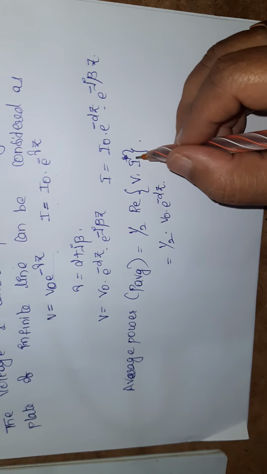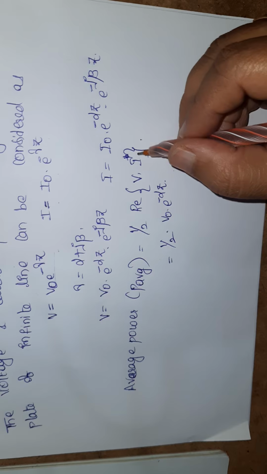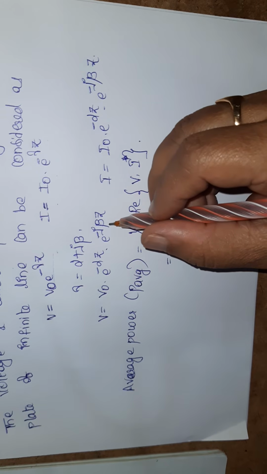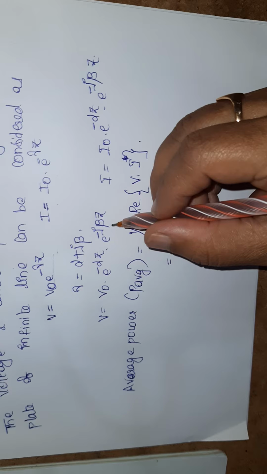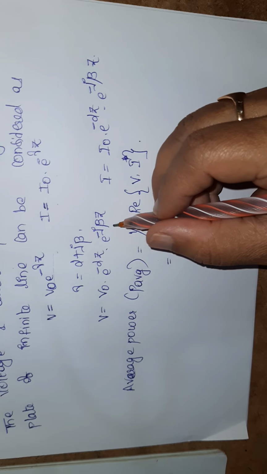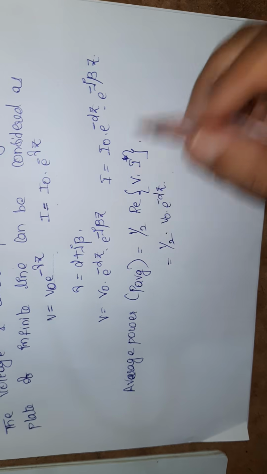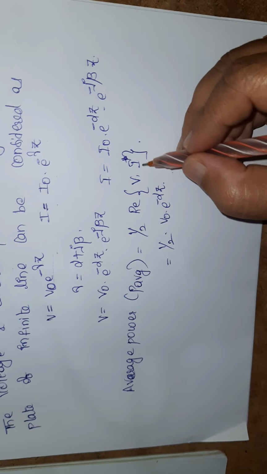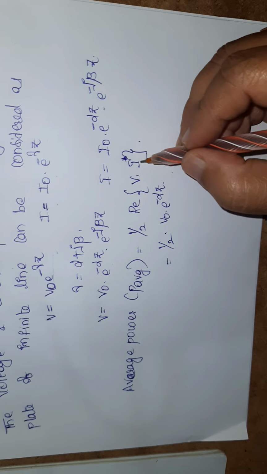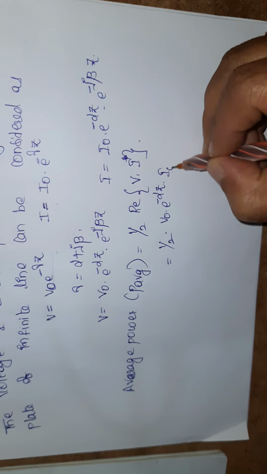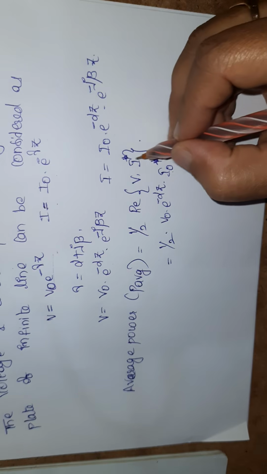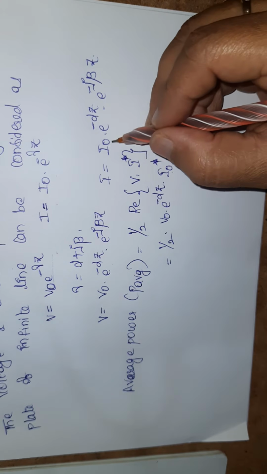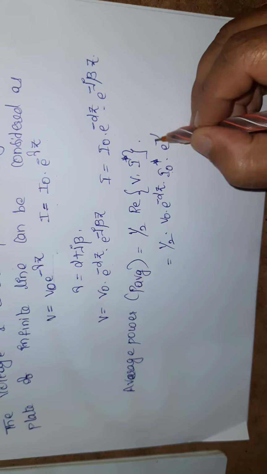If I take the complement, what will change? Only the imaginary part will change. Plus j will be replaced by minus j, or minus j will be replaced by plus j. So there is no change in the real part. Now substitute V as V naught into e power minus alpha z, and I star, the complement, is I naught star into e power minus alpha z.